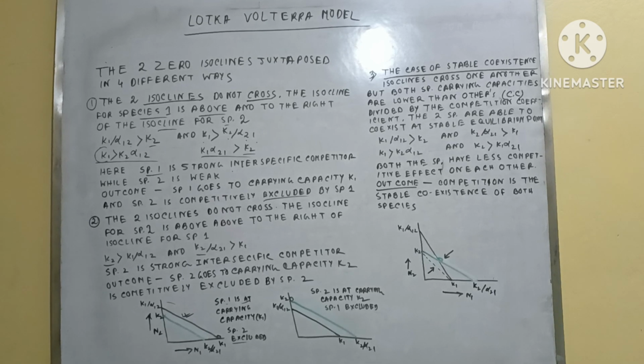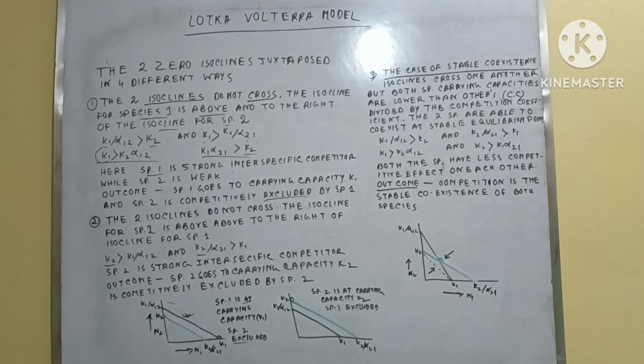So the outcome is that species 2 goes to carrying capacity K2, but K1, for species 1, is excluded. Only species 2's carrying capacity remains, and obviously the stronger species here is species 2, the strong interspecific competitor. These are the two types where the two isoclines do not intersect.